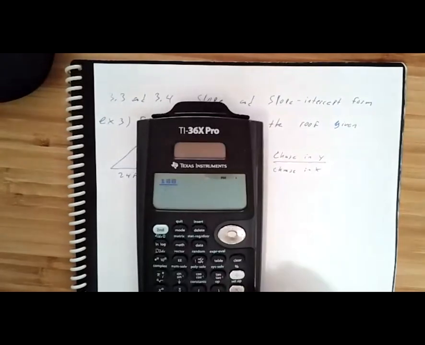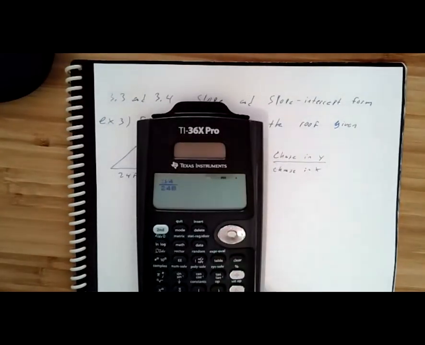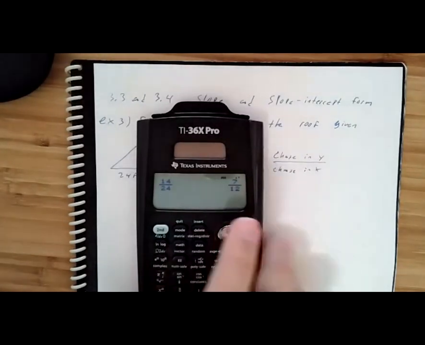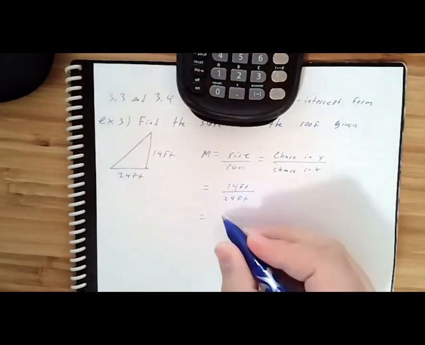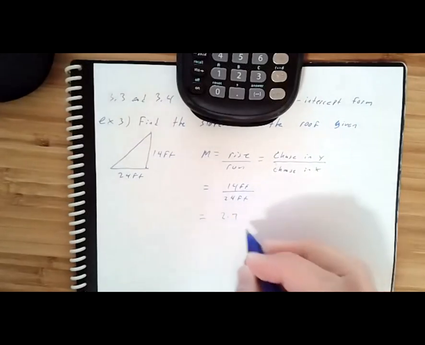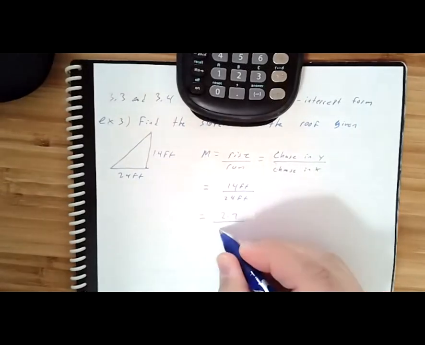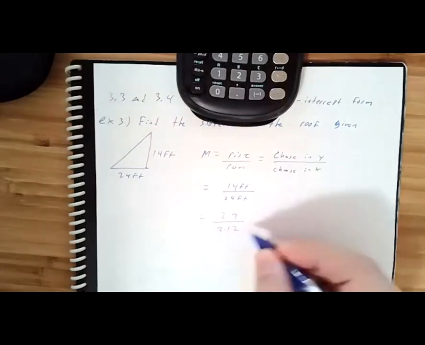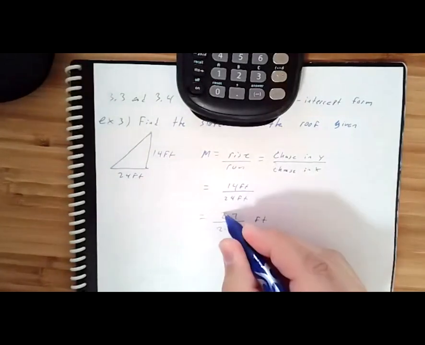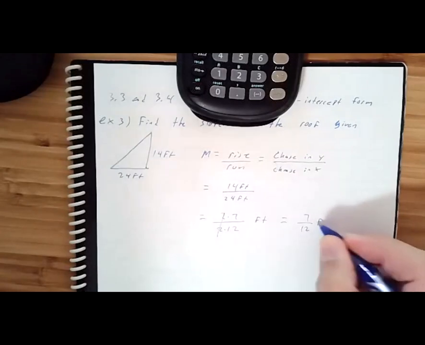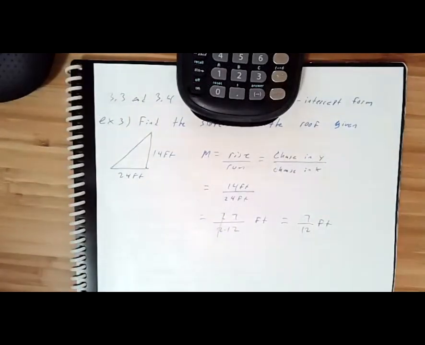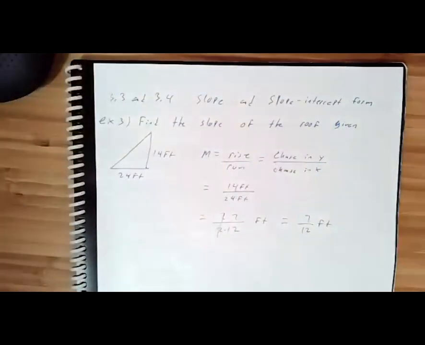So 14 over 24, 7/12, right? So 2 goes into both. You could show the work if you want to and say, you know what, this is 2 times 7 over 2 times 12 feet. Cancel the 2's, which gets me 7/12 feet. So that'll be the slope of the roof. But you don't have to.